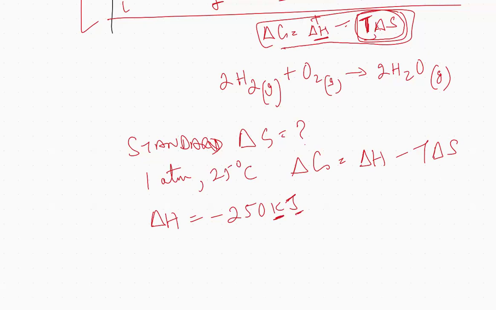And then delta S is given. Delta S units, what? Because S is given by Q over T, that's joules per Kelvin. So the delta S value will be, say, minus 230.